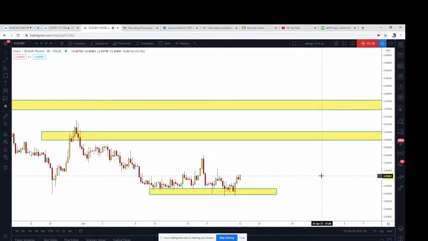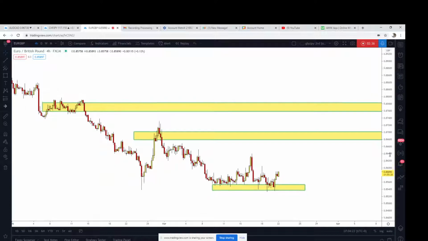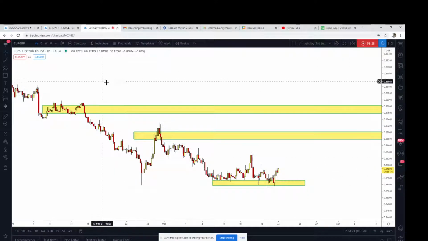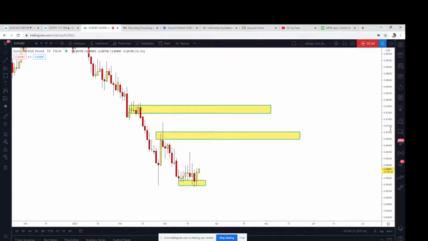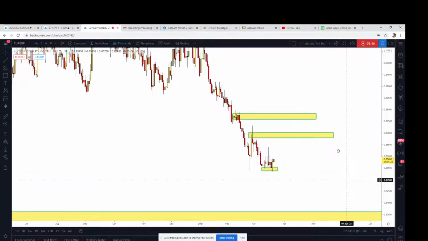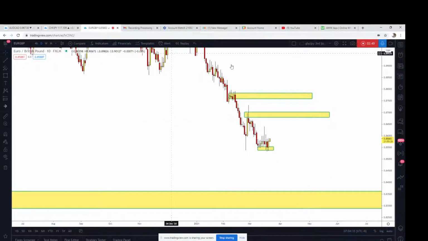My entries are all limited to the New York session. So this is just my analysis. Price can do whatever it wants right now. So my longer time frame perspective is still towards going short for this pair into this zone. And that's it for Euro GBP.